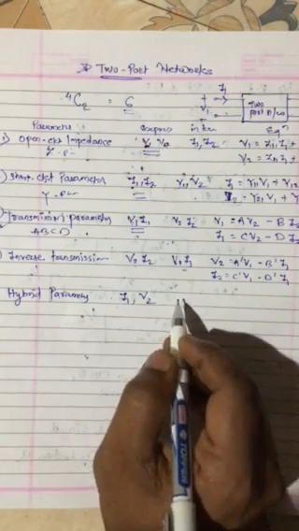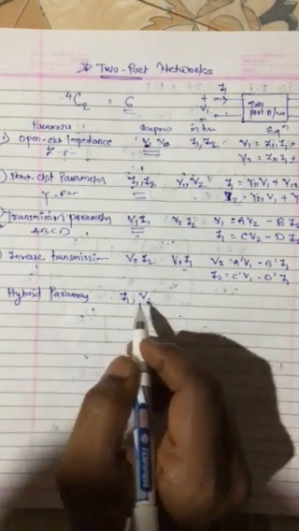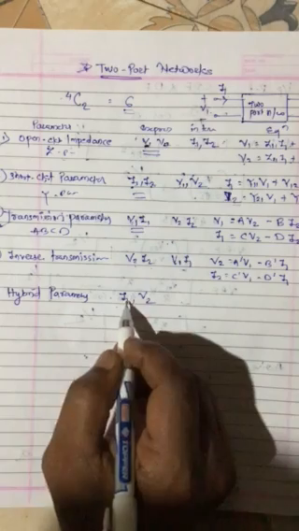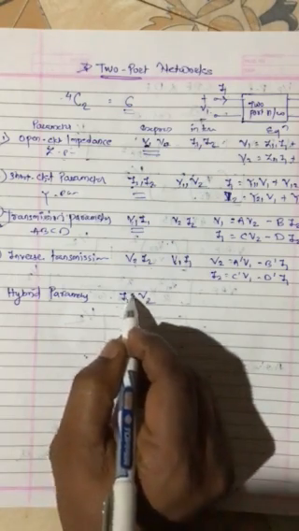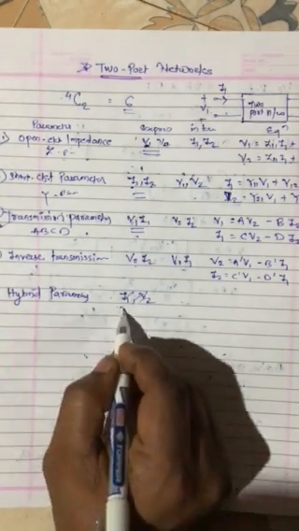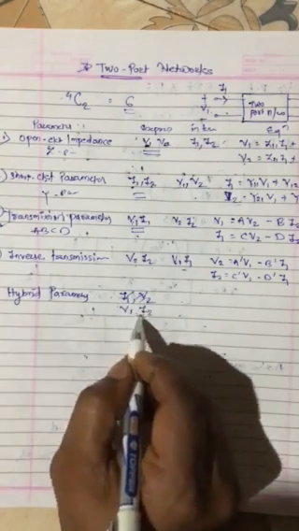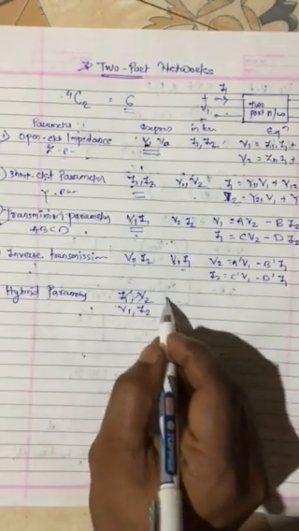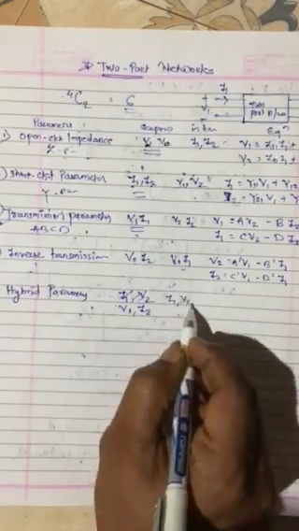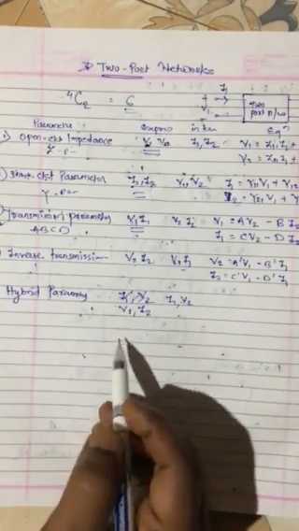In terms of the hybrid parameter, for hybrid it is V1 and I2 in terms of I1 and V2. What was written previously was for inverse.